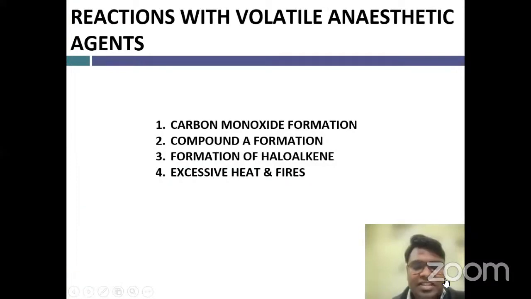Coming to the adverse reactions noted during interactions of volatile anesthetic agents with soda lime. Desiccated soda lime and high alkali absorbers lead to formation of carbon monoxide and compound A, while degradation of halothane leads to formation of haloalkenes.